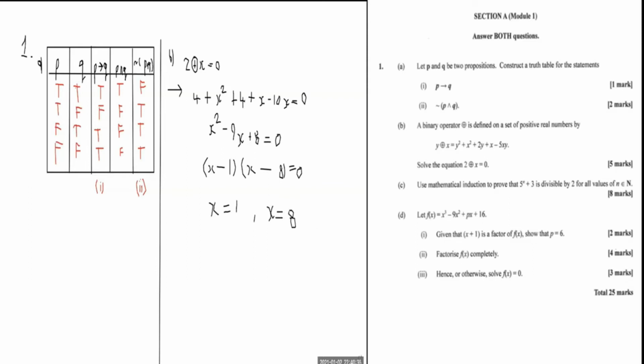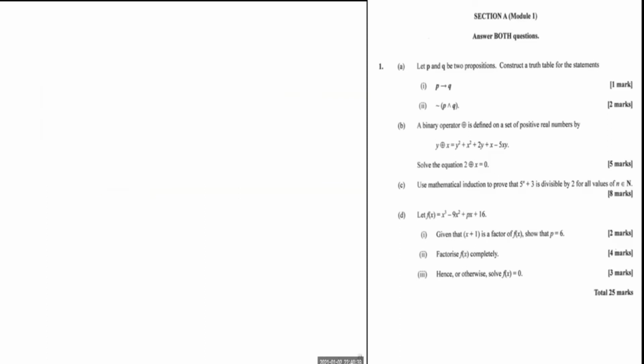Now let's move right along. The next part of the question says, use mathematical induction to prove that 5 to the n plus 3 is divisible by 2. So part C. First thing I like to do is call the statement Pn or Sn or something.